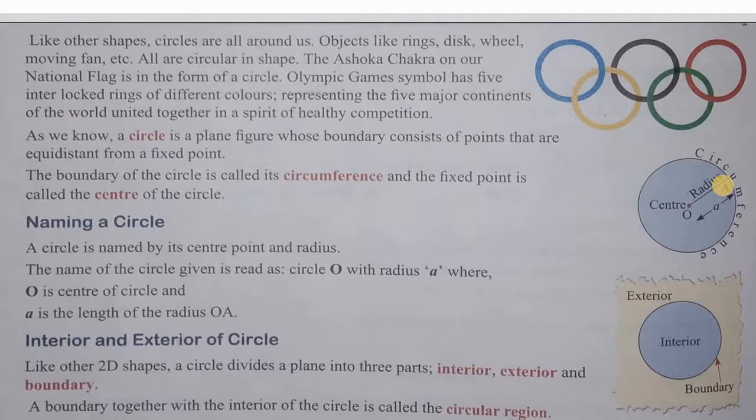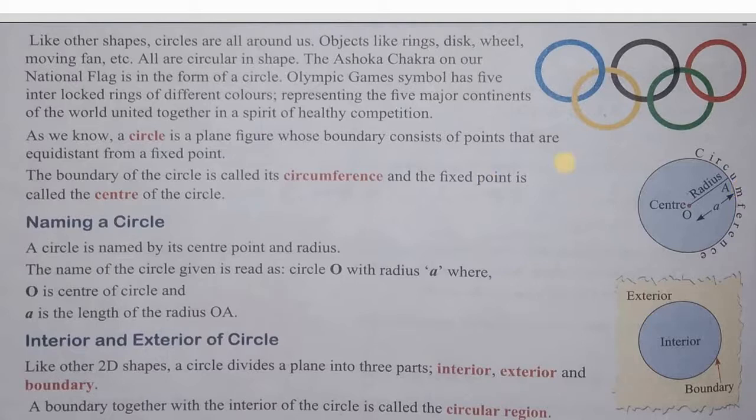So here, as you can see in the picture, the name is A. So the point name would be A. Naming a circle is based on the center and the radius. So the center is O and the radius is OA. O is the center of the circle and a is the length of the radius, OA.